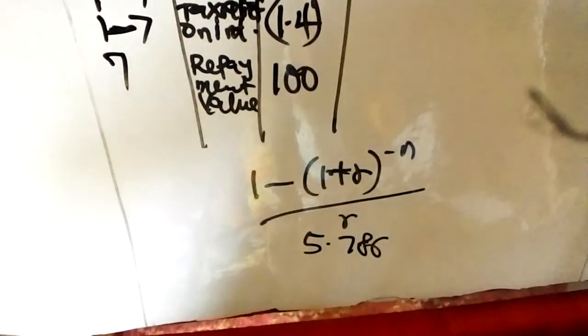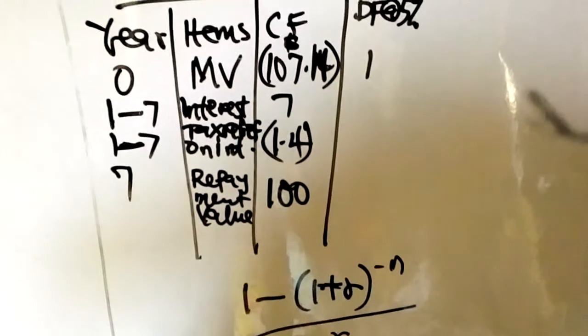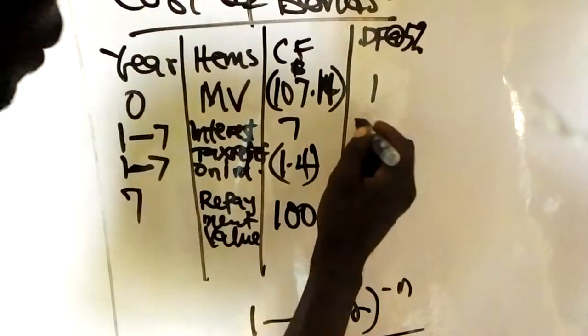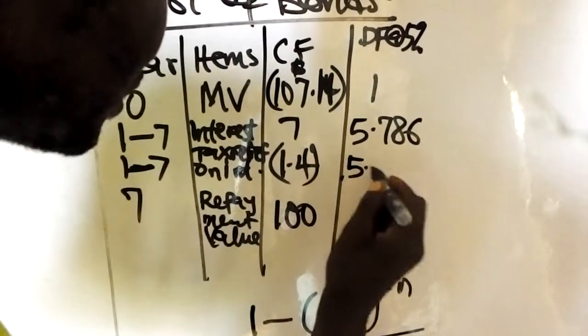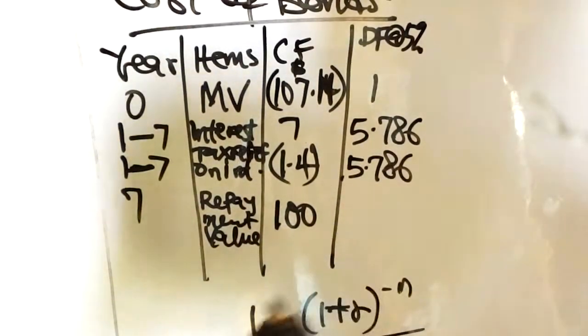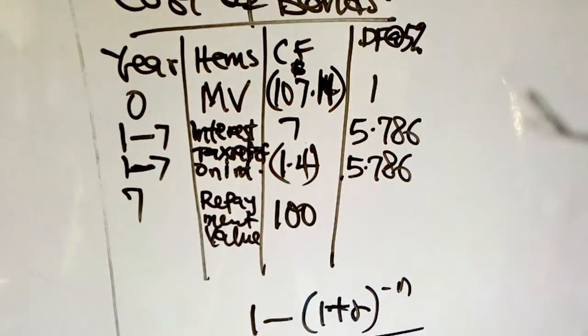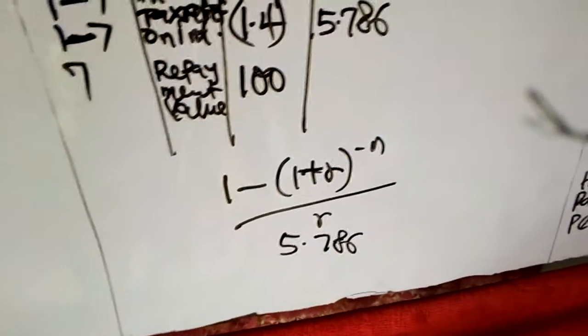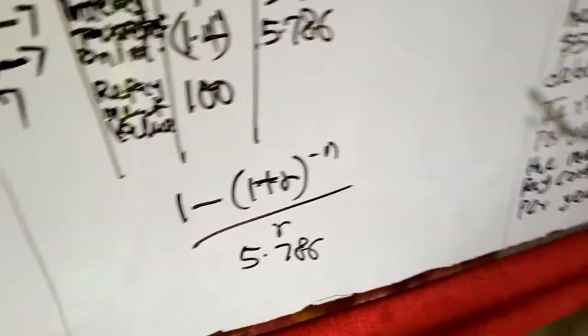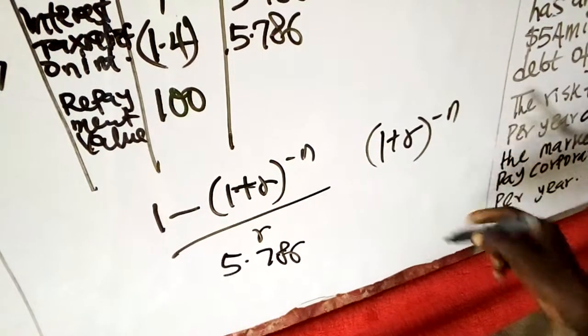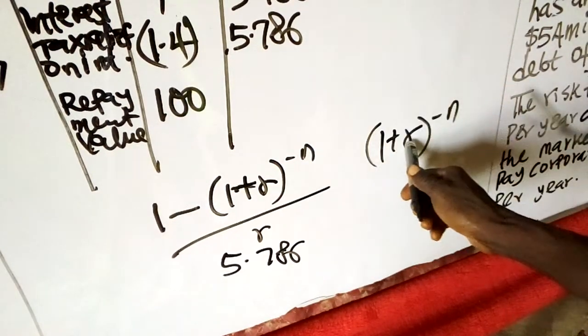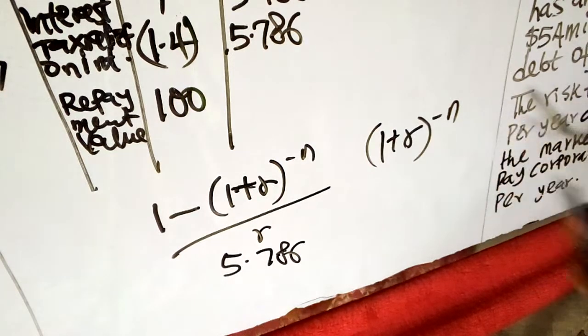You can substitute there 5.786. Then in year 7 alone, you make use of 1 plus r raised to the power minus n, where r is 5% and n is 7.